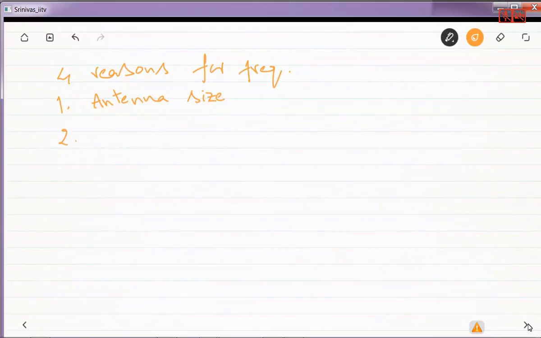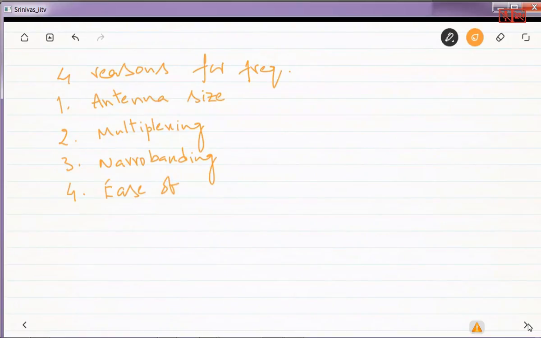Second is multiplexing. Third is narrowbanding, where we want to make these signals narrowband so that the dynamic frequency range is not that high. And fourth is ease of processing. This we'll discuss later, so let us add a star mark to that.